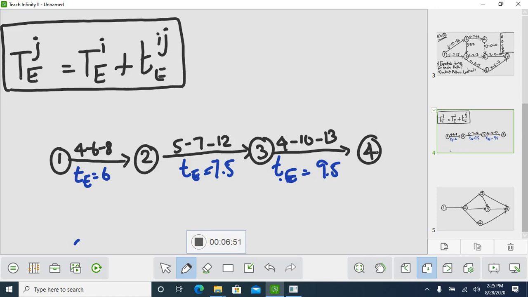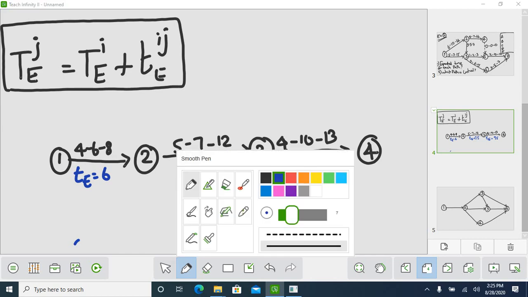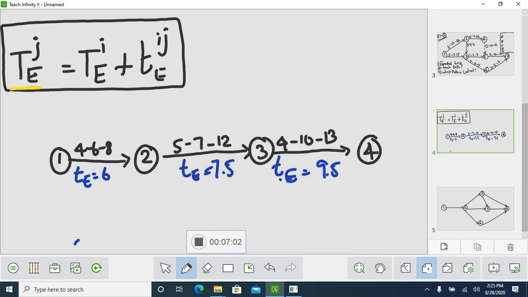Next we have to calculate TE, that is earliest expected time. Earliest expected time is always indicated above or below your node.